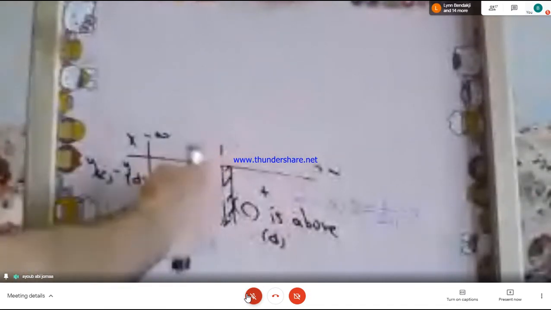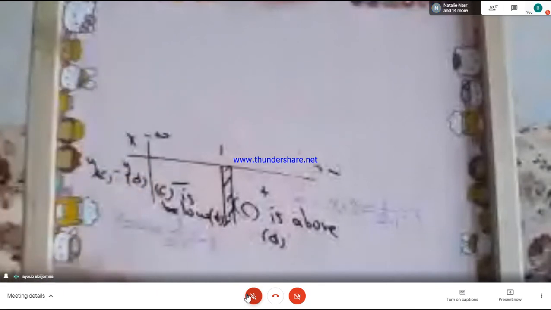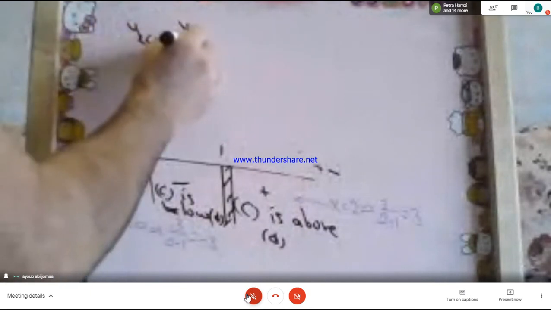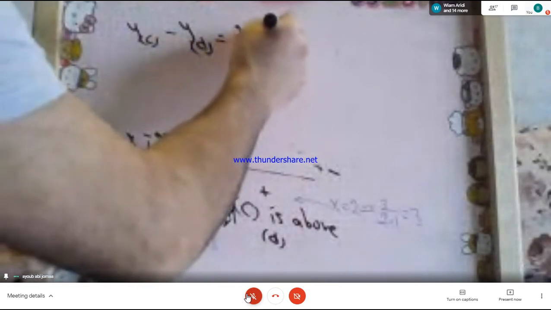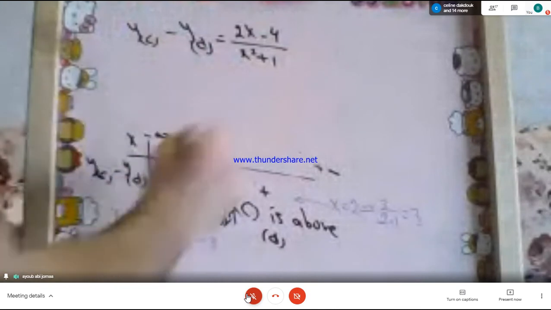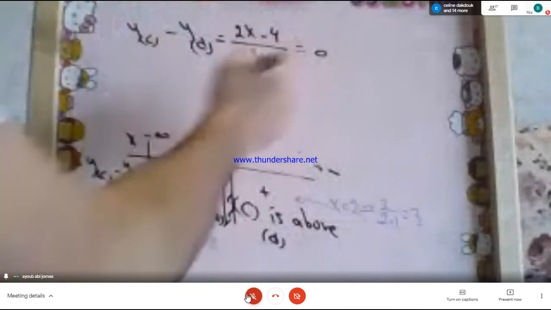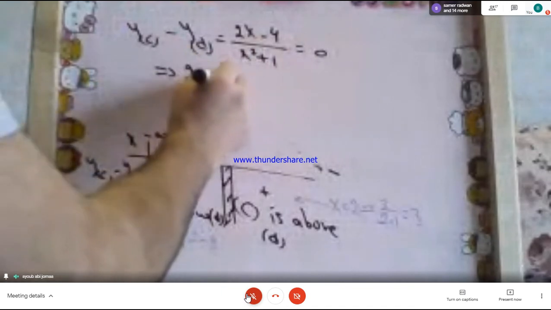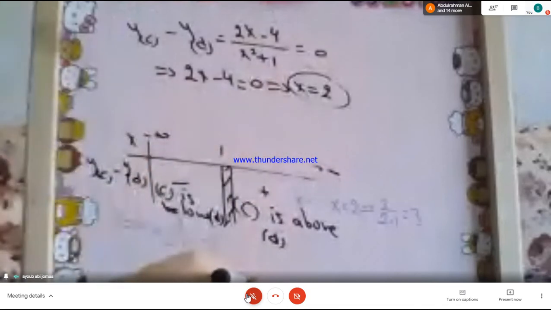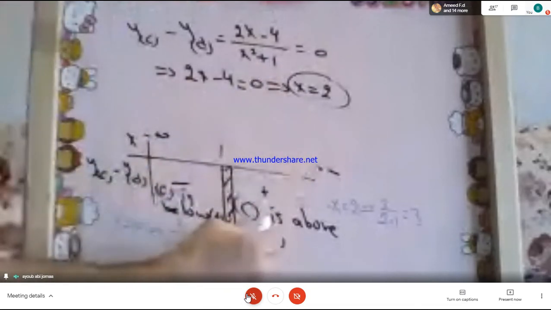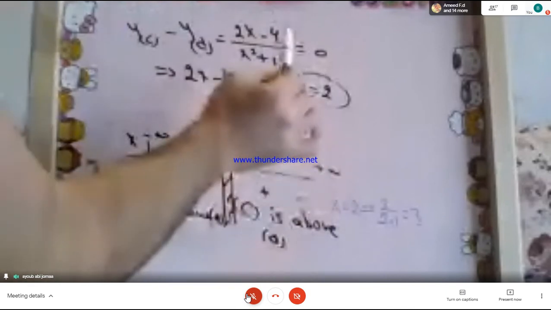So if we got x different than 1, I put 1. If I had x different than 2 and negative 3, I put negative 3 and 2. Suppose you are working and got, for example, yc minus yd equal to 2x minus 4 over x squared plus 1, and then you put it equal to 0. Use the cross product, then 2x minus 4 equal 0, and so x equal 2. This value 2 you also put in the table. In fact, at this point you will have an intersection.